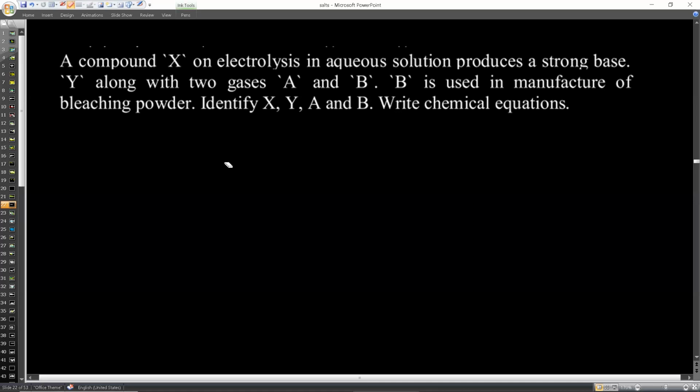Okay, sir. Done. Right? So what's the answer? What's the answer here? Sir, I understood the question. So just read the question and answer it, because on the basis of the two salts that we have studied, this is the question for it. Okay, sir.